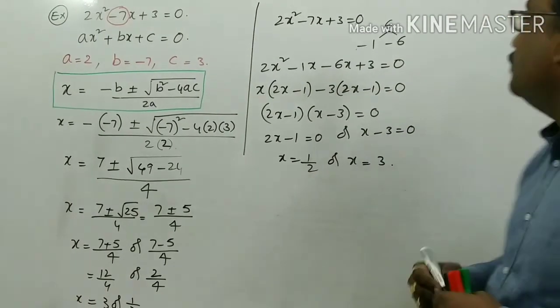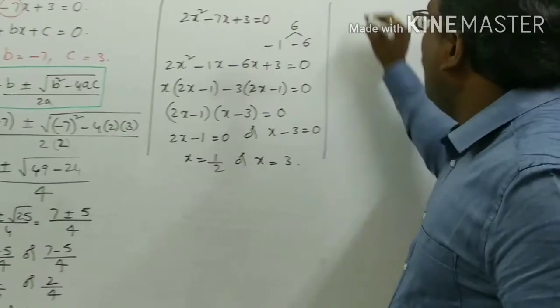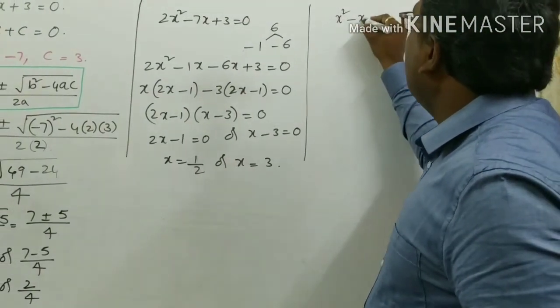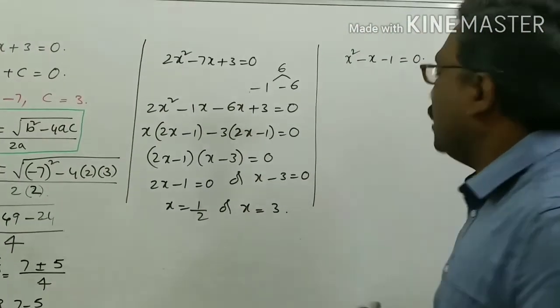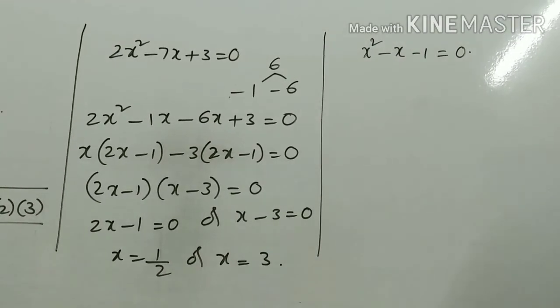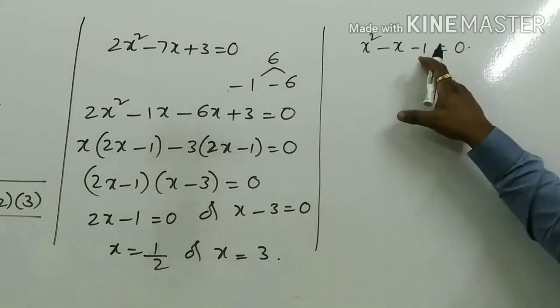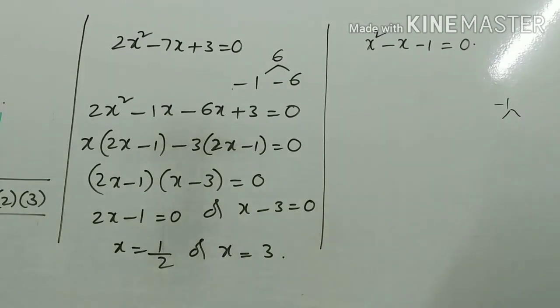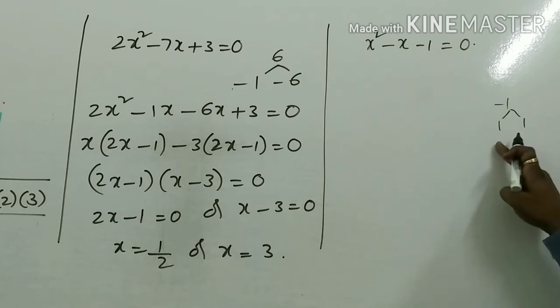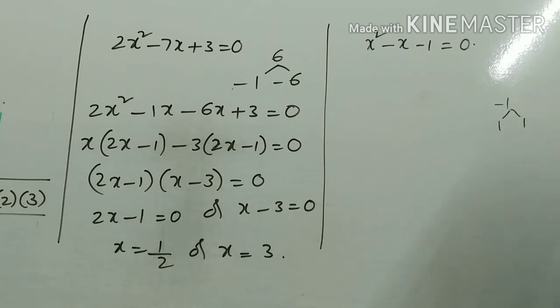How? See here. One equation I am giving now, x square minus x minus 1 equal to 0. If you factorize this, 1 and minus 1 factors, you will get 1 and 1 only. But if you add or subtract, you won't get a 1.